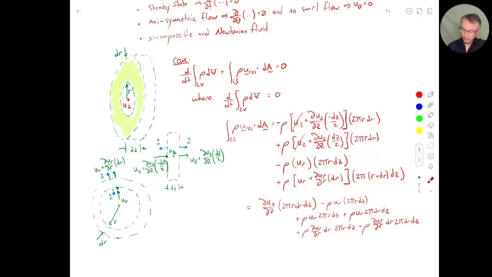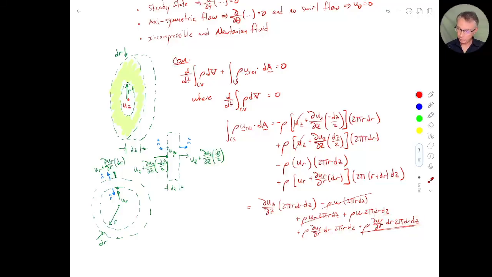Okay, so now let me look at that and see how I can simplify things a bit. First of all, you'll see this term cancels out with that one, so that's good. That makes that a little bit easier. And then this term here is special because you'll see that this has a dr times a dr times a dz, whereas these terms are just a dr times a dz, right?